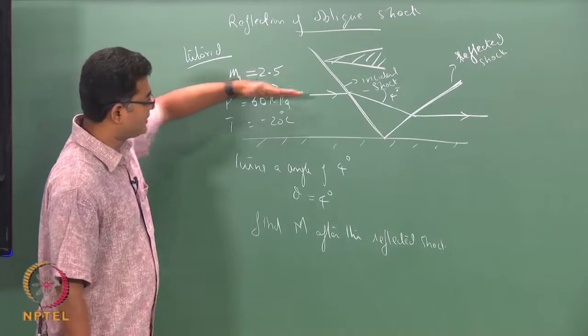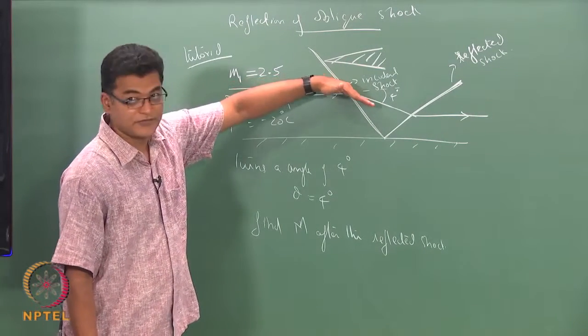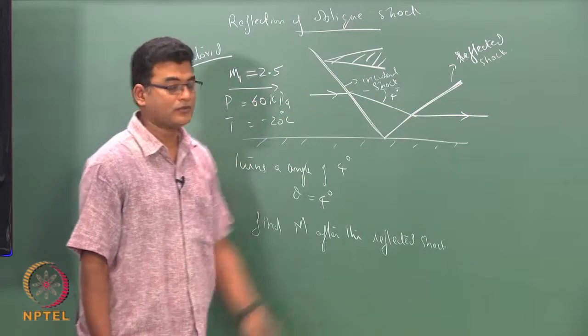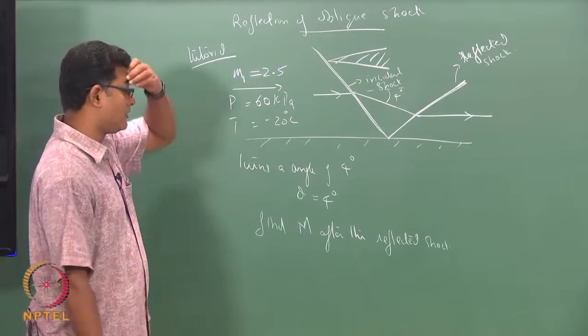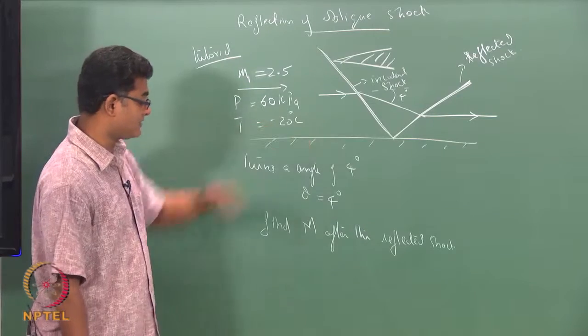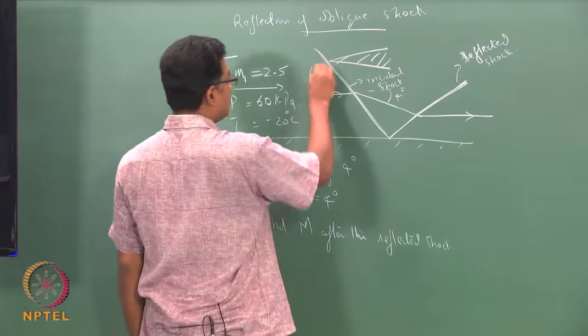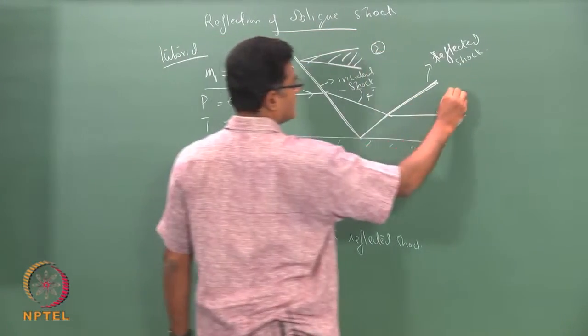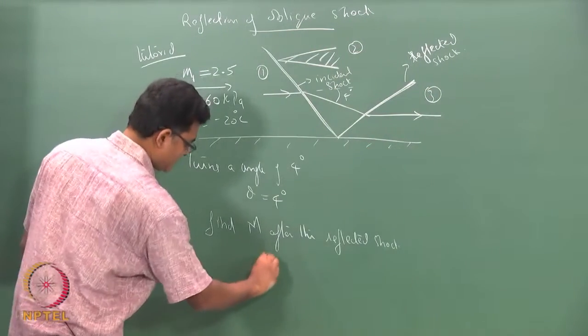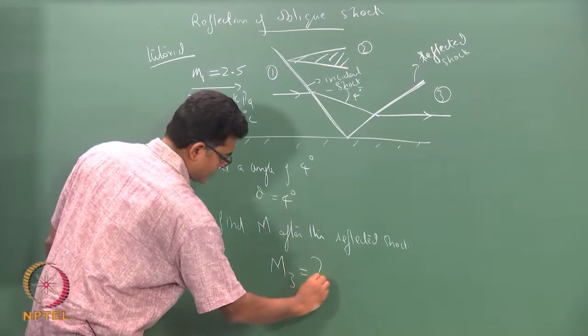So the fluid comes and because of the shock it turns by 4 degrees and then gets back to the flow direction that is parallel to the surface. So what is the Mach number after this? If I call this region 1, region 2 and region 3, the question is to find M3.